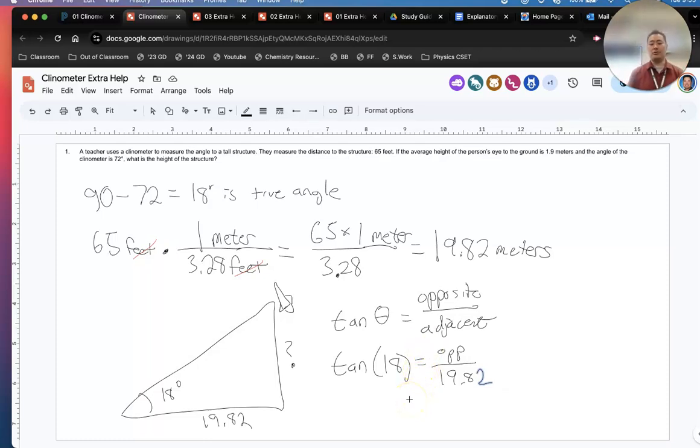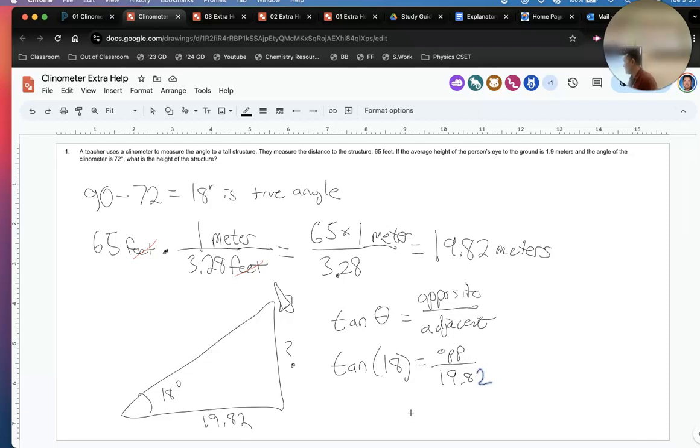Now we're going to solve for the opposite side. So if I want opposite by itself, how do I cancel out this divide by 19.82? Shauna, how do I cancel this out?